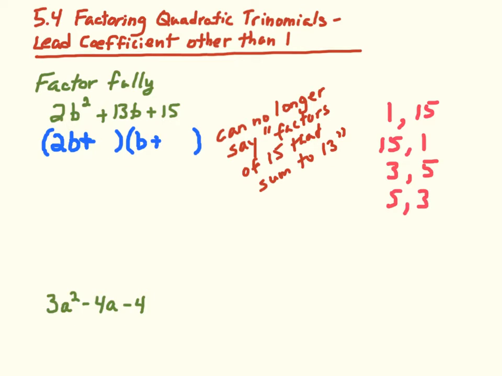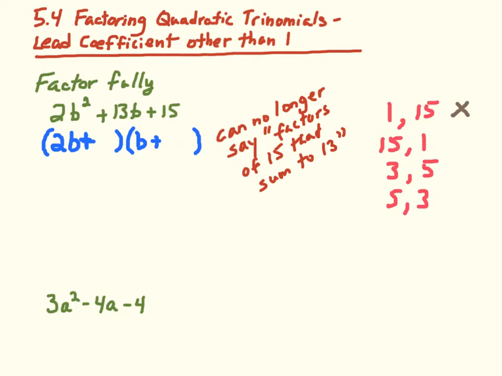So what's going to work? One thing you would want to note is that this is very unlikely to be a possibility right here, because if I was to put a 15 right here, I would have 2b times 15 in my outers of FOIL. I would be up at 30b, and that already would be above 13b, so that can't be it.